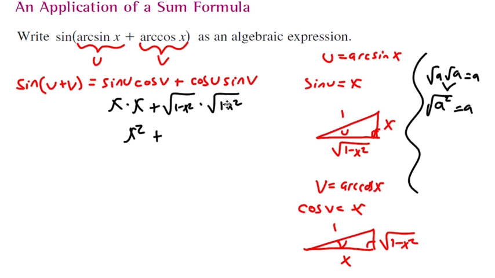So the square root of the same thing is just what's inside. So this is just 1 minus x squared. The x squareds cancel out, and I'm left with just 1. And just 1 is an algebraic expression. Again, it doesn't necessarily have to have variables in there, but what we needed to do is get rid of our trig functions, which we did. So our answer is simply 1.